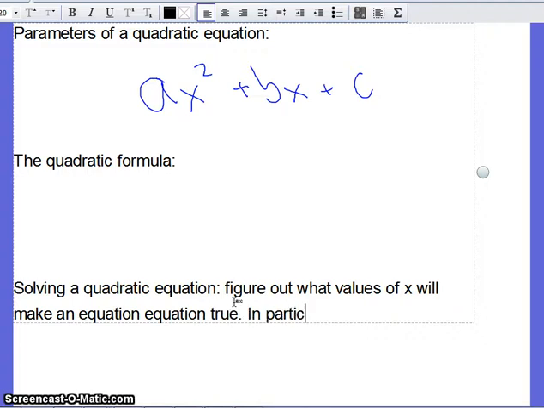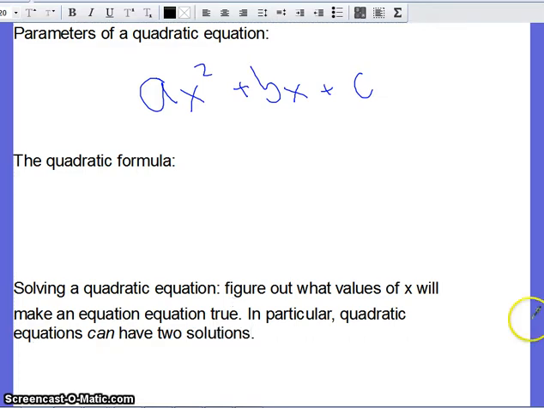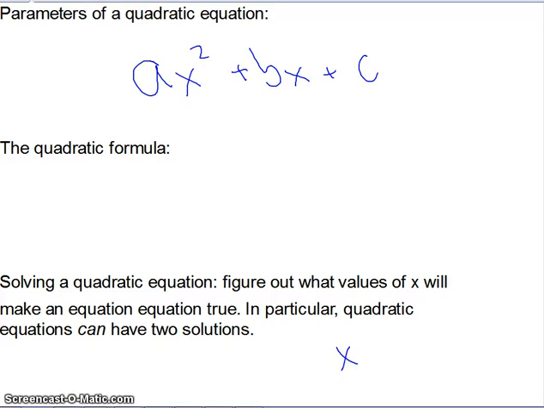In particular, quadratic equations can have two solutions.